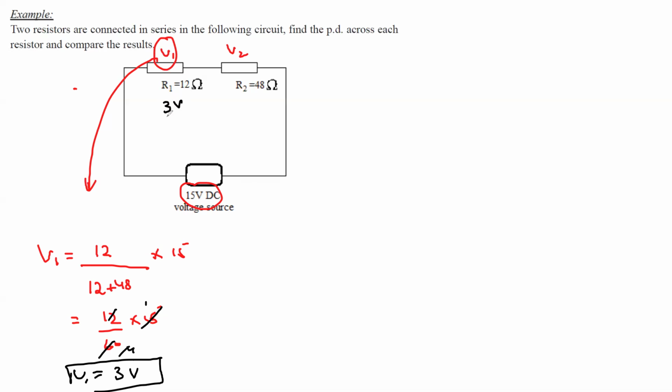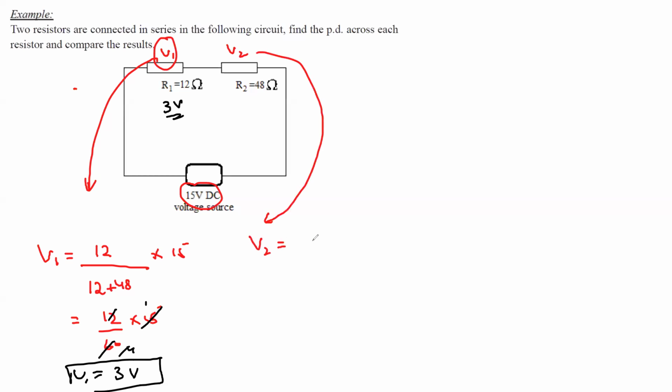So we worked out V1 is 3 volts, and it is obvious that if V1 is 3 volts, V2 should be 12 volts. Why? Because the total EMF in a loop will be equal to the total potential difference. We can also solve using the potential divider formula.